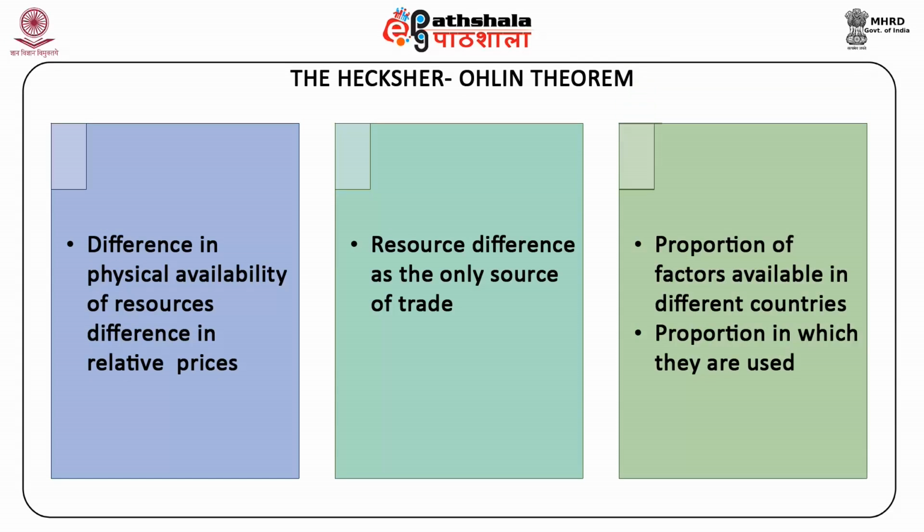It shows the proportions in which different factors of production are available in different countries and the different proportions in which they are used in producing different commodities. This is also referred to as factor proportions or factor endowment theory.